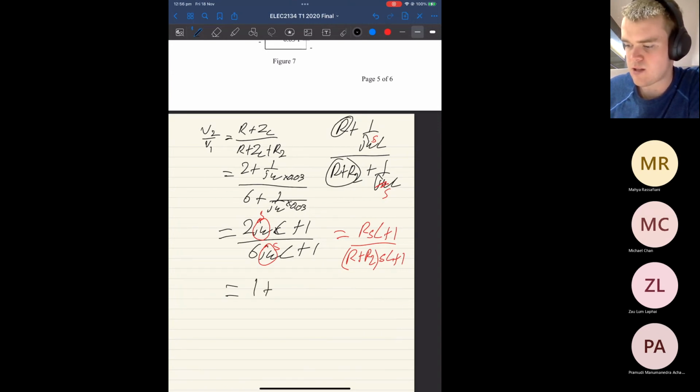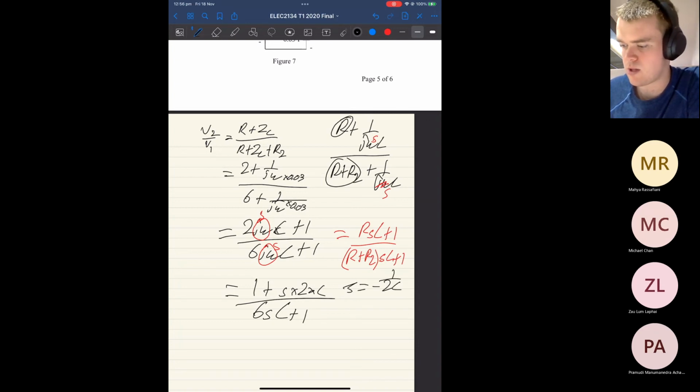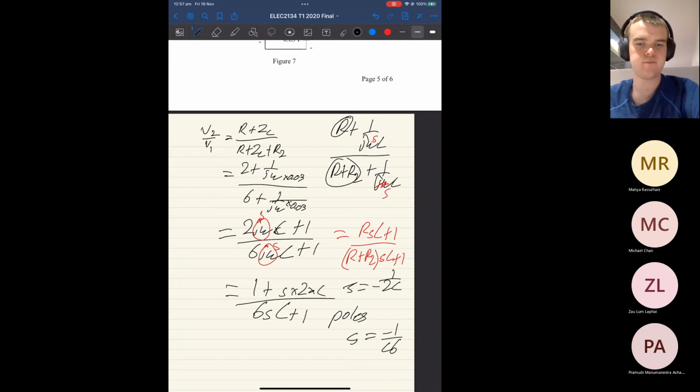You get 1 plus s times 2 times C all on 6 sC plus 1. So then the zeros would just be s equal to minus 1 on 2C. Then the poles would be s equal to minus 1 on C6. Does that make sense?